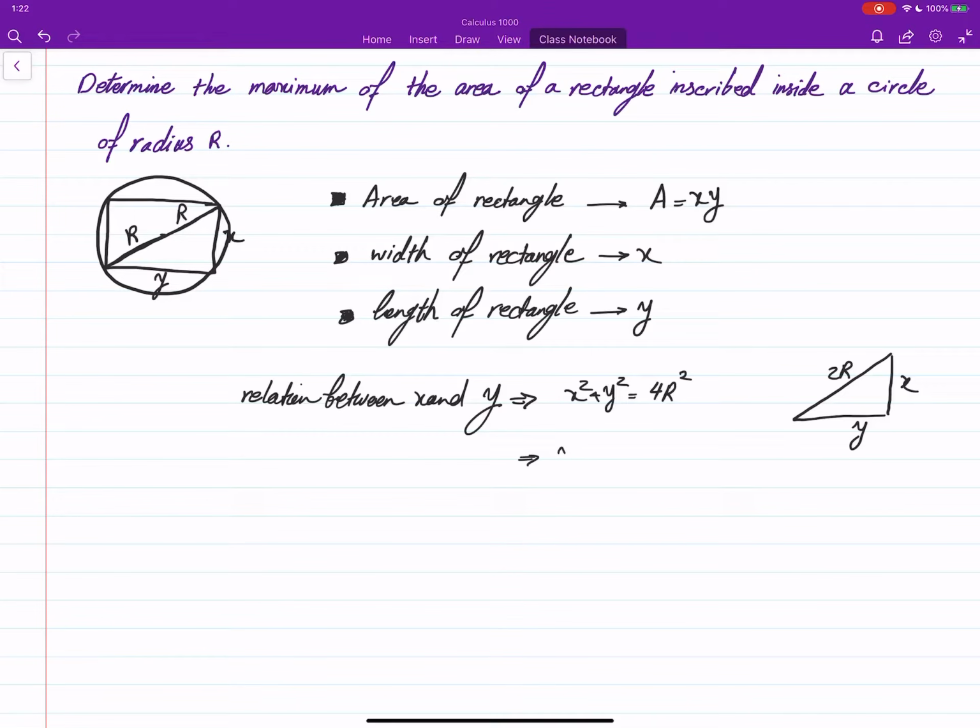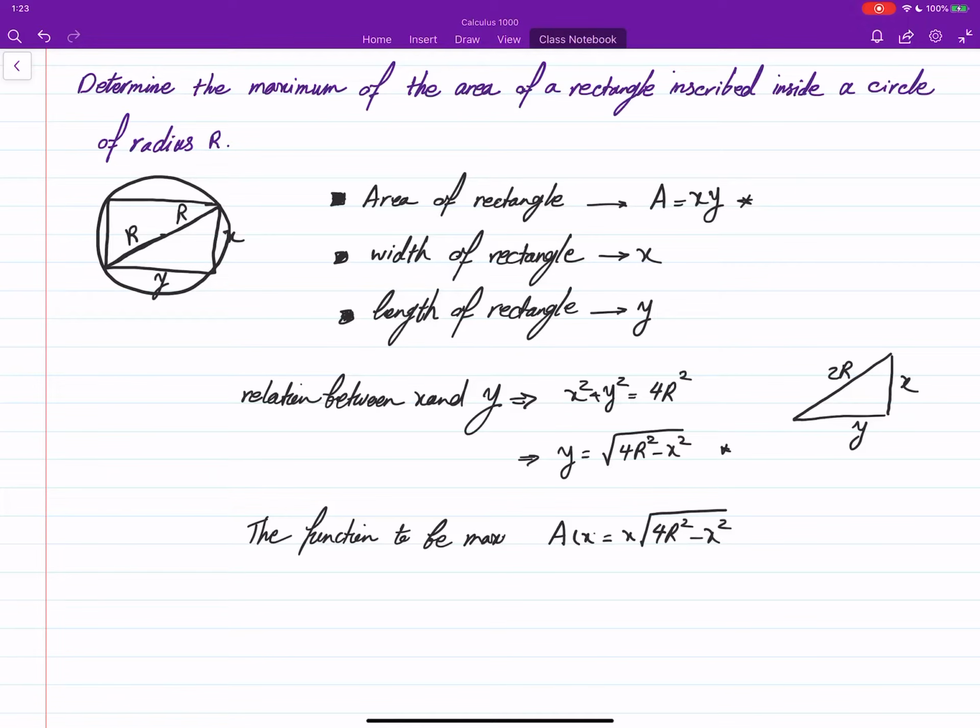Well, we can write one of these variables in terms of the other one, which is y equals the square root of 4r squared minus x squared. And now, if we combine these two, the function to be maximized is A equals x times y, so I can write x, and for y, I can use this relation we found, square root of 4r squared minus x squared.